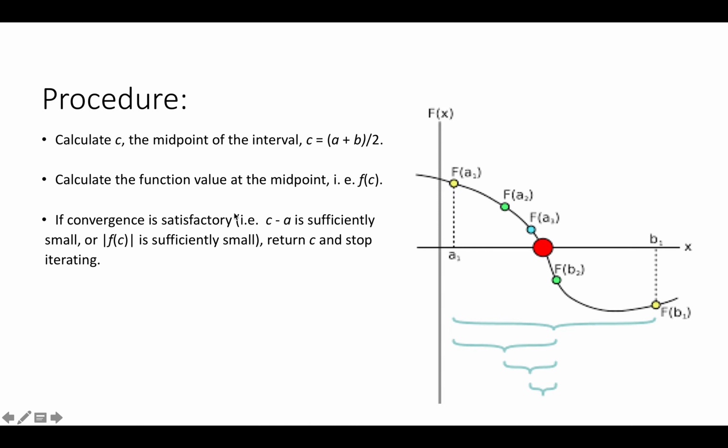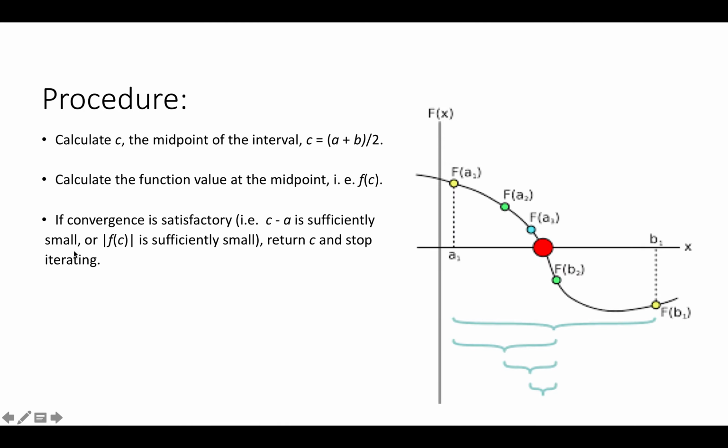Now the next point is, if convergence is satisfactory, how can we say that we have calculated the root, or have arrived at the root successfully? How can we judge? So first, if convergence is satisfactory, what are the conditions? If either C minus A, or you can also say C minus B, is sufficiently small.